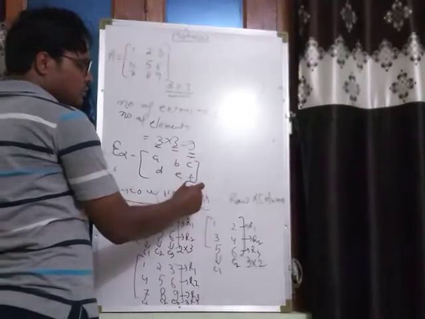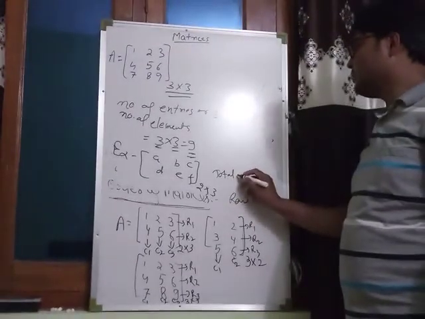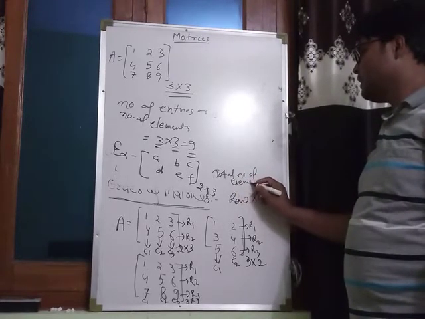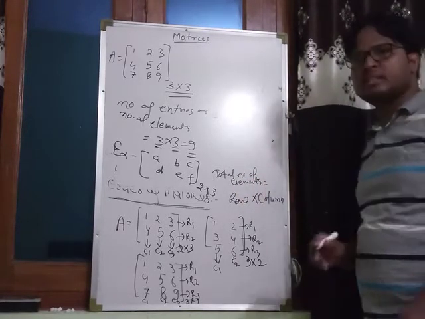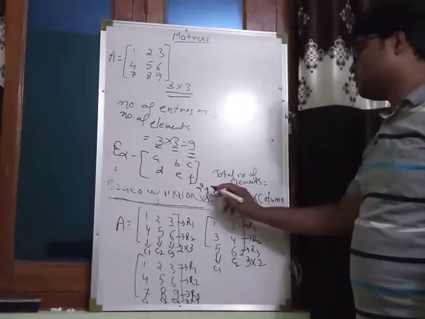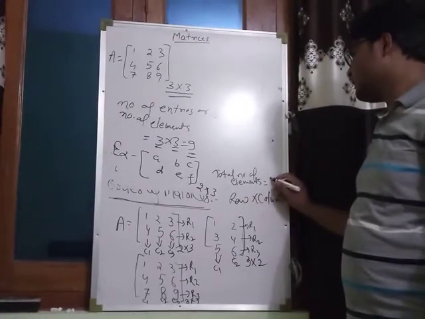There are 2 rows and how many columns? 1, 2, 3 columns. So how many total number of entries here? Total number of elements and entries are the same here. So 2 into 3, number of rows into number of columns. 2 into 3, that is 6.